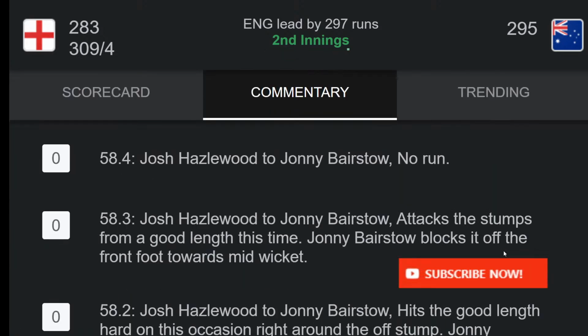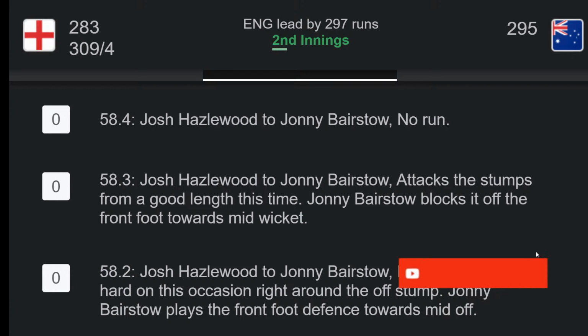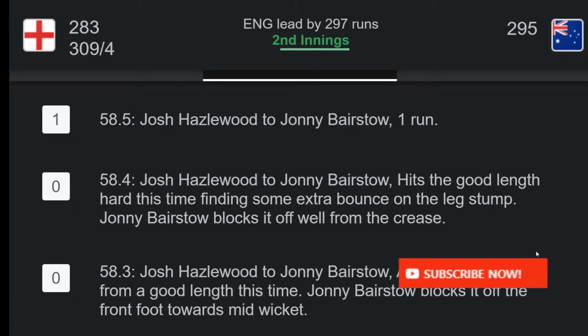Very interesting match. In the first innings, England scored 283, and in reply Australia were all out for 295, just 12 runs ahead of England. And in the second innings, England 309 for the loss of 4 wickets.